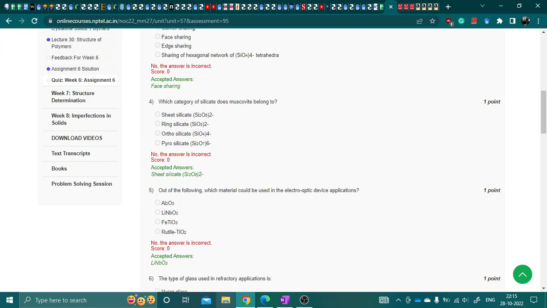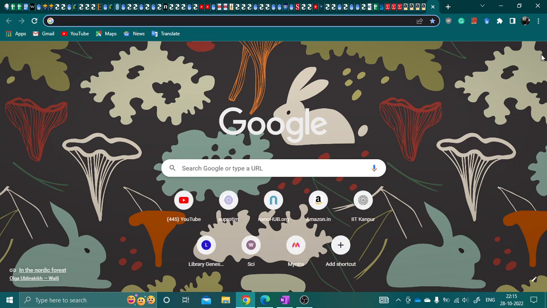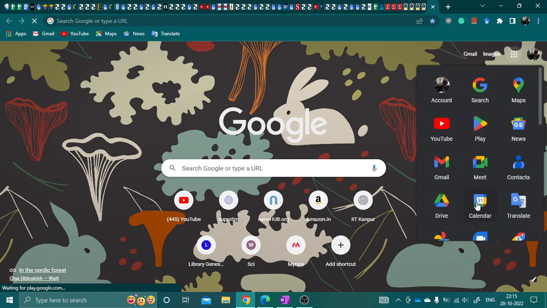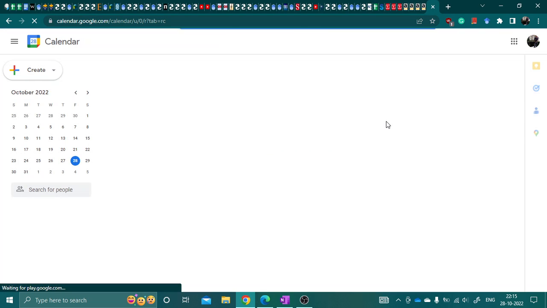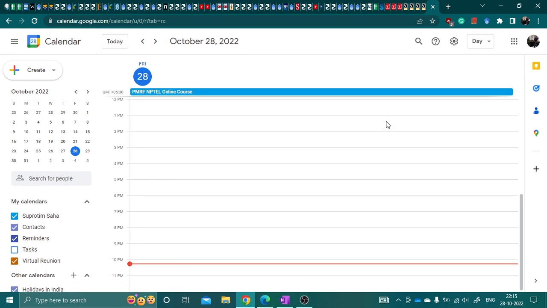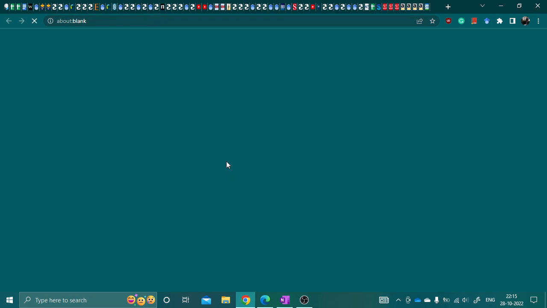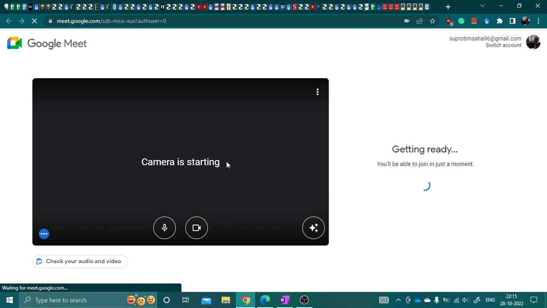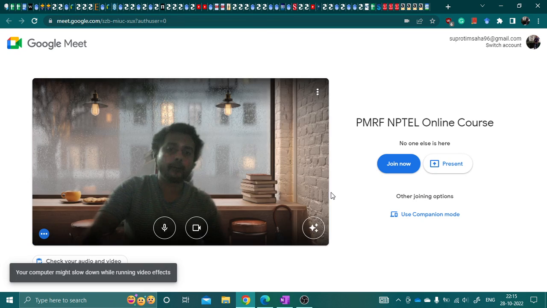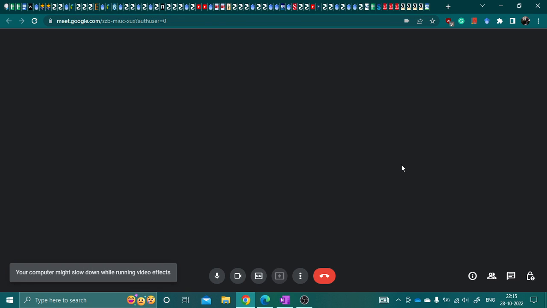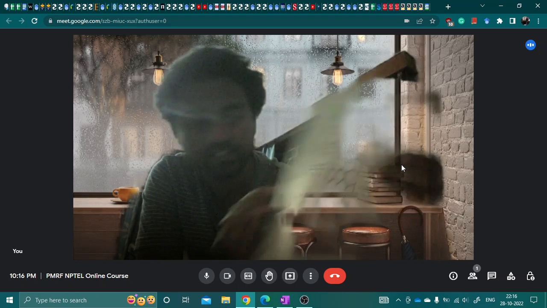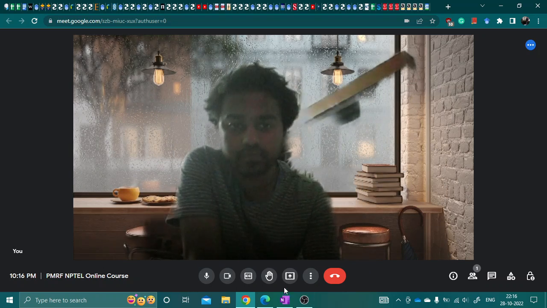Let me open Google. You can see that for sheet silicates like muscovite, it is Si2O5 2 minus.